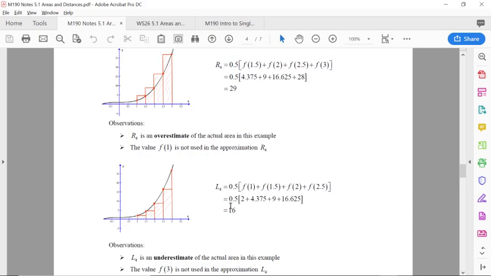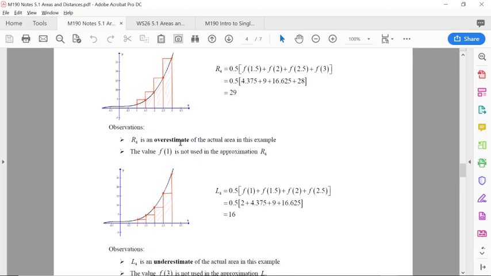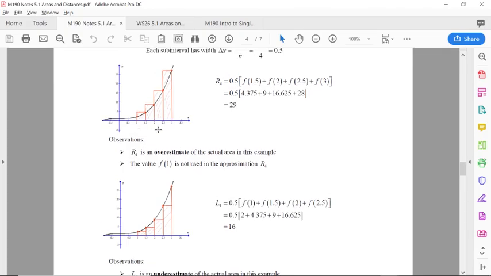And we know that we can improve our approximation by increasing the number of rectangles. So if we went to, say, 8 rectangles, that's more work for us to do, geometrically, algorithmically, arithmetically. It's more work, but if we increase the number of rectangles to 8 and do right endpoint and left endpoint, we would get another overestimate and another underestimate, but they would be closer to the actual value.